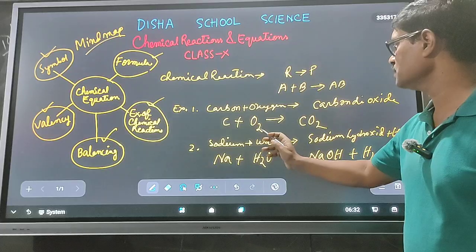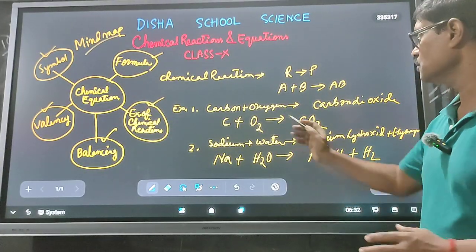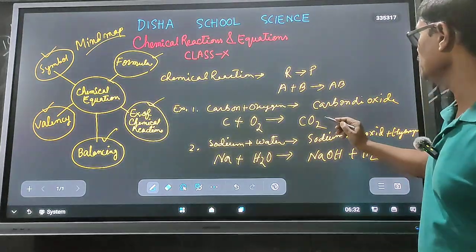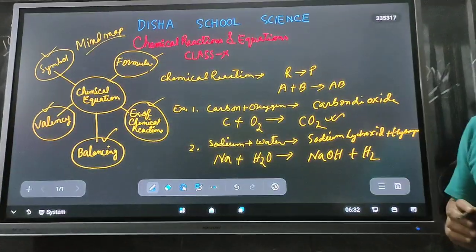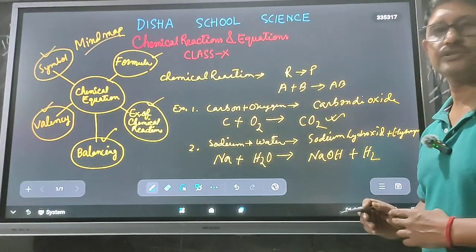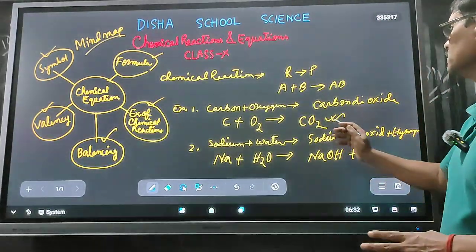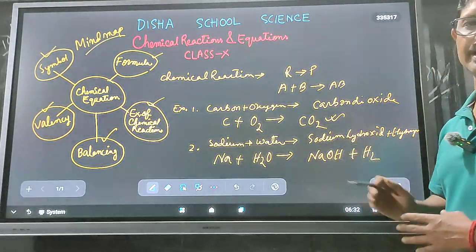Oxygen, 2 oxygen atoms are there, here also 2 oxygen atoms, both balanced. So it is already balanced, no need to balance again. Some of these chemical equations may already be balanced.